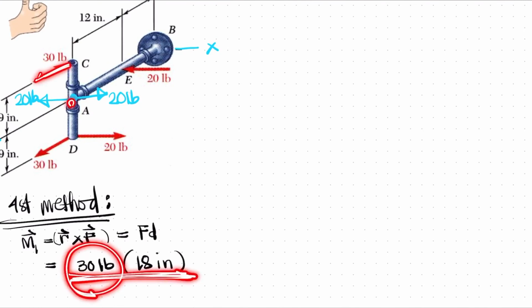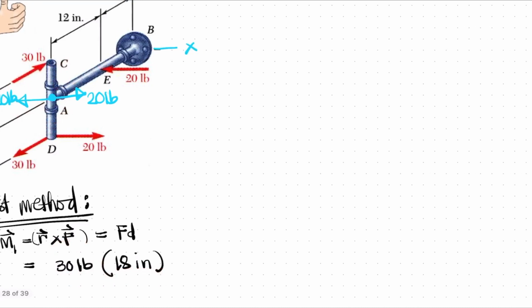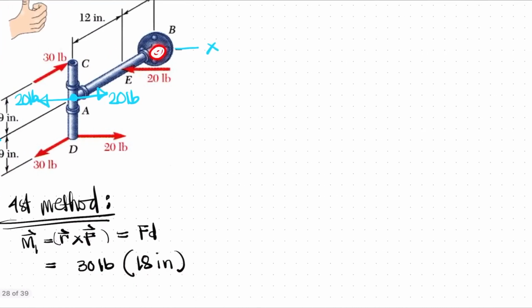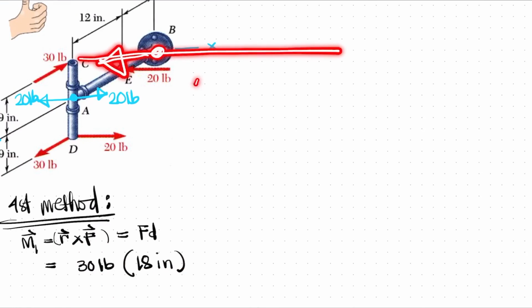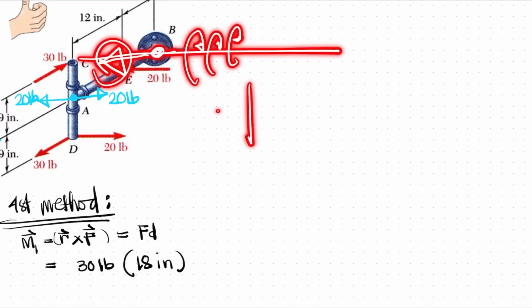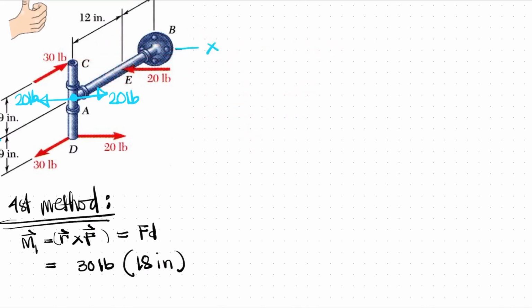Using the right hand rule, it rotates about the x-axis. For the x-axis, if your thumb points this way it is positive, and the opposite way it is negative.